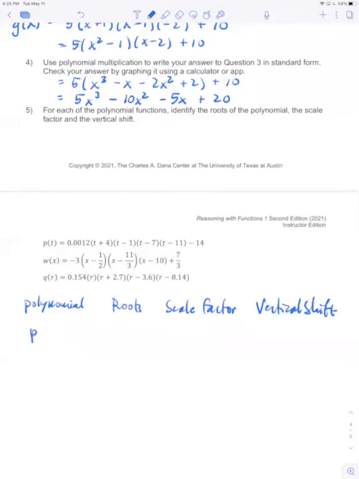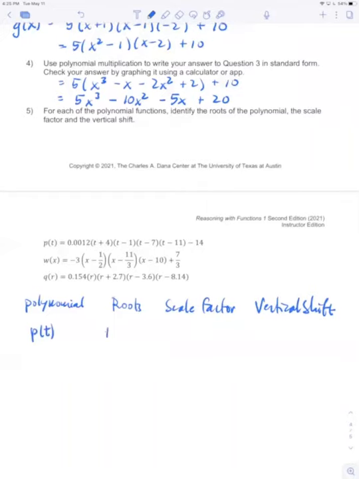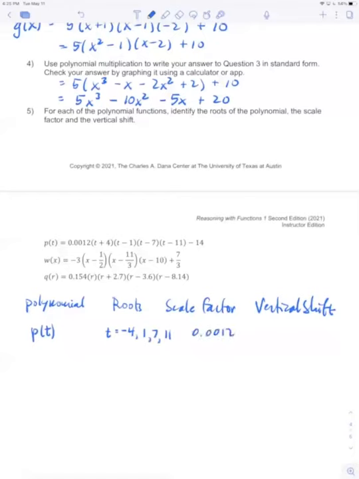All right, so we'll start with the polynomial p, and then we get t is equal to -4, 1, 7, and 11. The scale factor is 0.0012, and then we're going to go down 14.